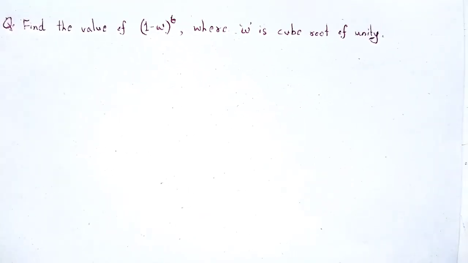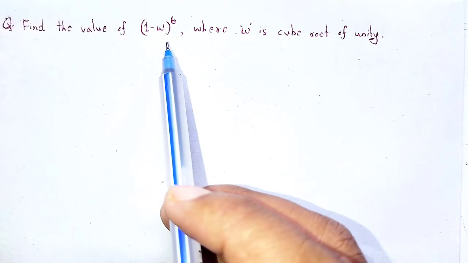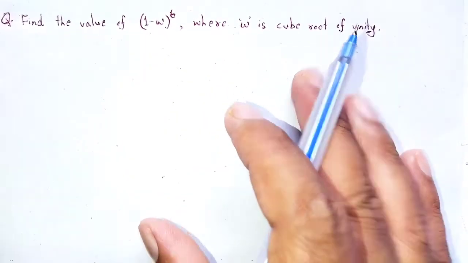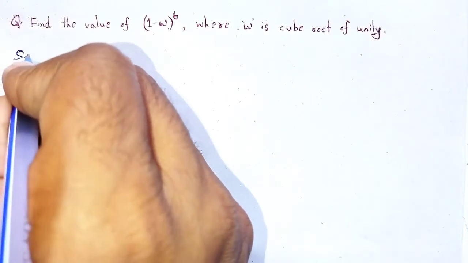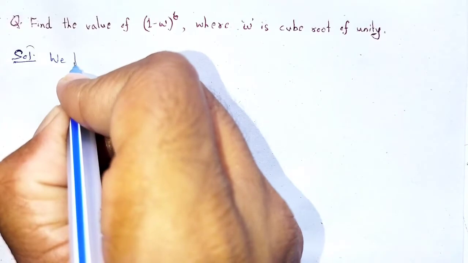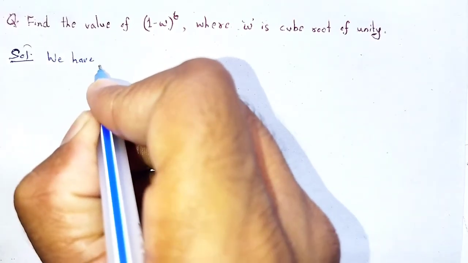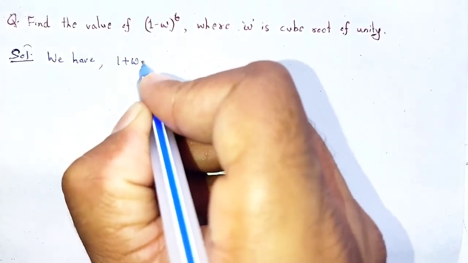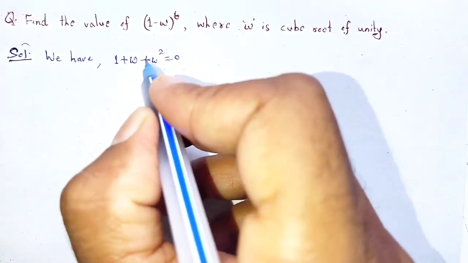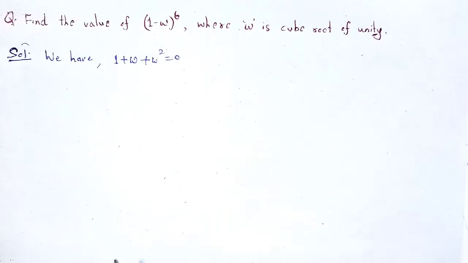Question number 1, find the value of (1 minus omega) to the power 6, where omega is the cube root of unity. The solution: we know 1 plus omega plus omega square is equal to 0. The addition of the cube roots of unity results in 0.